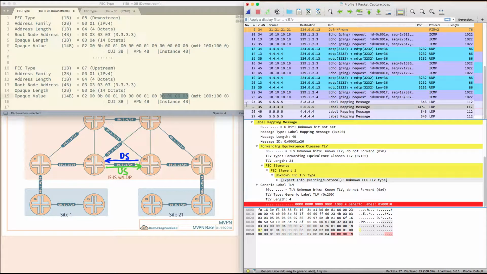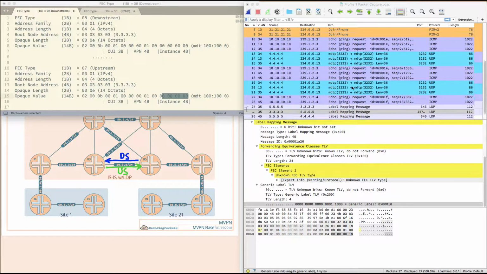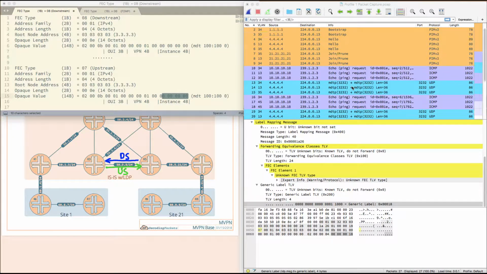This label was 18. Once again, I'm going to use my calculator here to cheat. I'm doing it off screen. And this is 24. So that was label number 24. And the further packets between R3 and R5, going from R5 to R3 actually, are going to be in label number 24. But believe it or not, that is all when it comes to the packet captures of this.